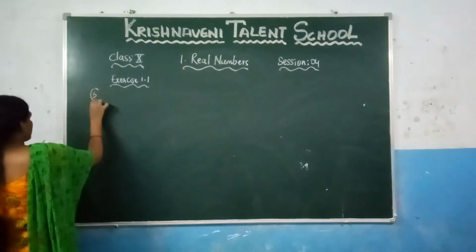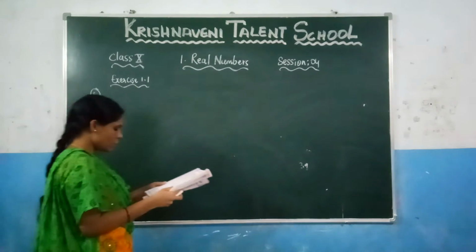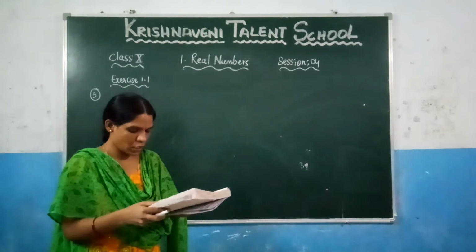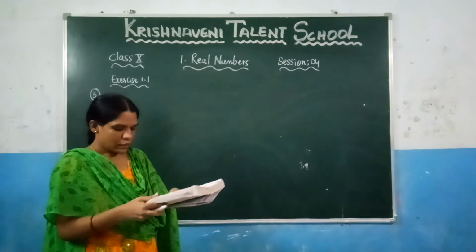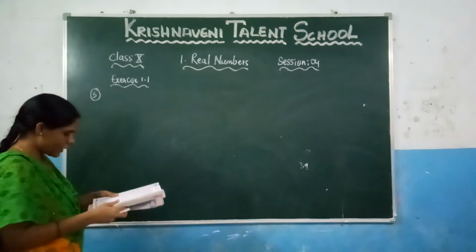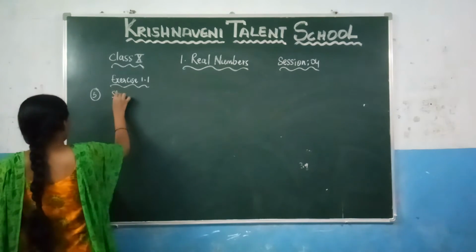Fifth question. What is the question they have given here? Show that 1 and only 1 out of n plus 2 or n plus 4 is divisible by 3, where n is a positive integer. So write the question here. What question have they given?